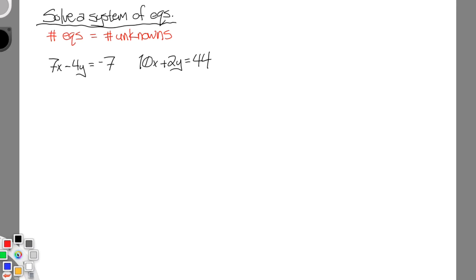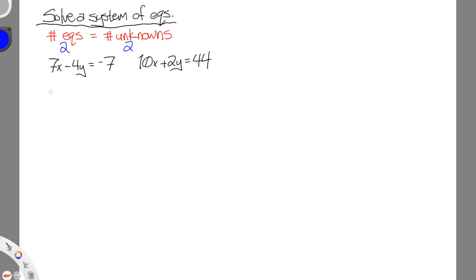So now we get to our first step. So we can see here that our number of equations we have is 2, and our number of unknowns we have is 2, x and y. They appear in both equations, but it's still just x and y. So that means we have enough information here to solve this problem.